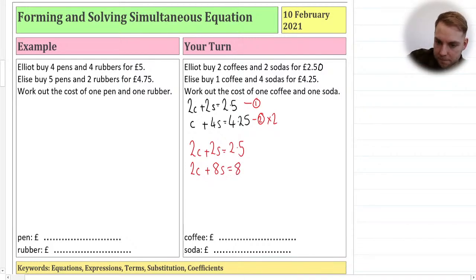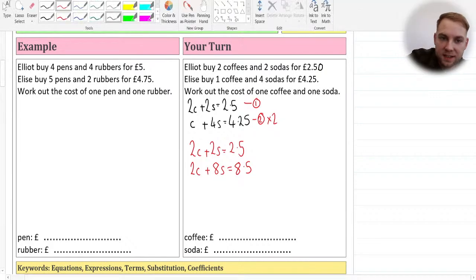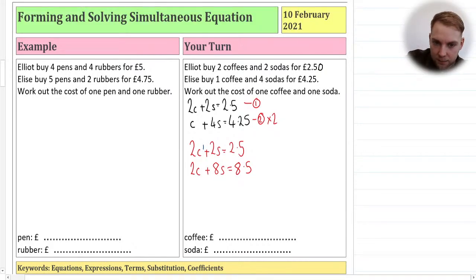So I'm just going to put 8.5 for now. Now, we can see that the C's are the same here, and they're both positive, which means I need to subtract my equations to eliminate them.